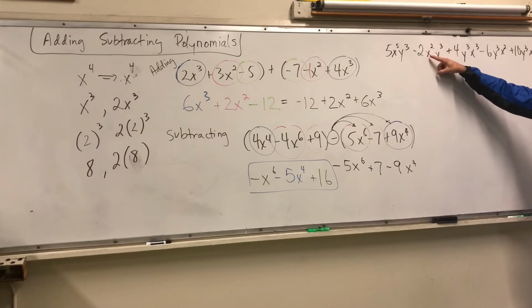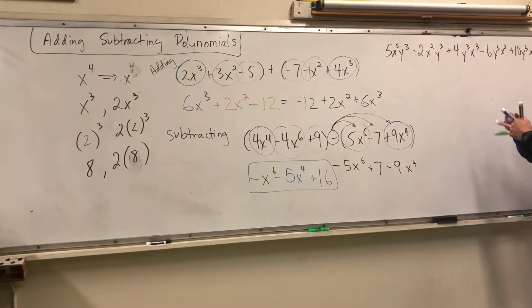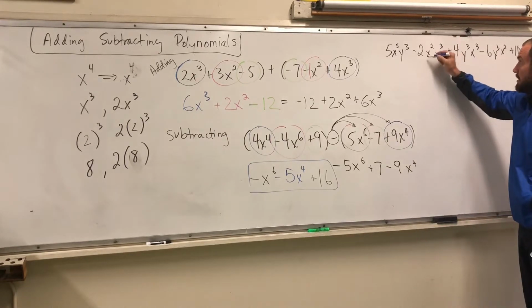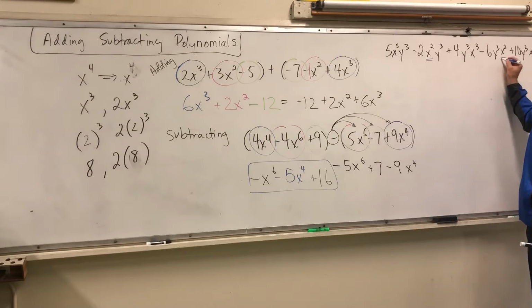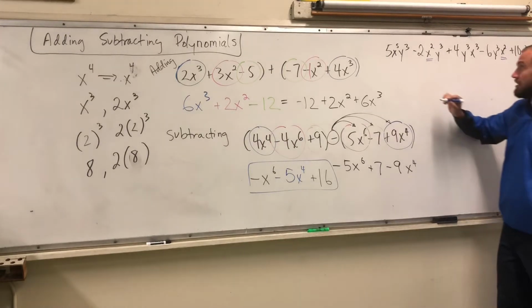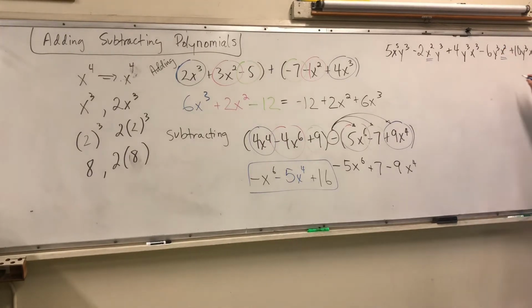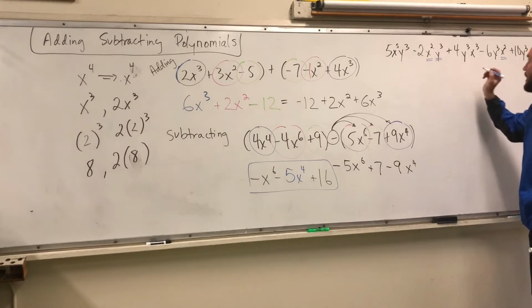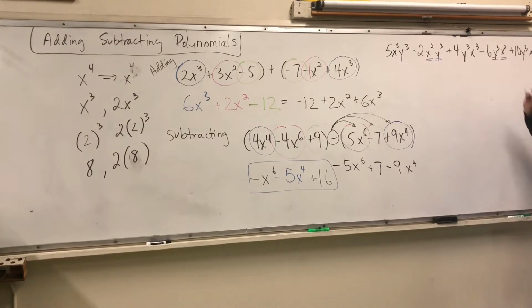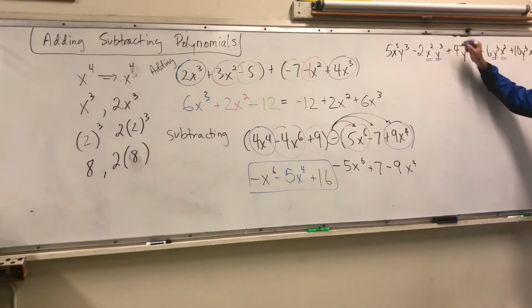So we have to find all the terms that match up with the x squared and the y cubed. Here I have an x squared, here I have an x squared, y cubed right there with the 6. And then here I have a y cubed, here I have a y cubed. This is a match.